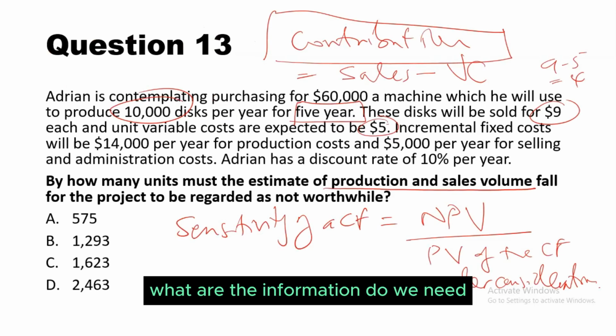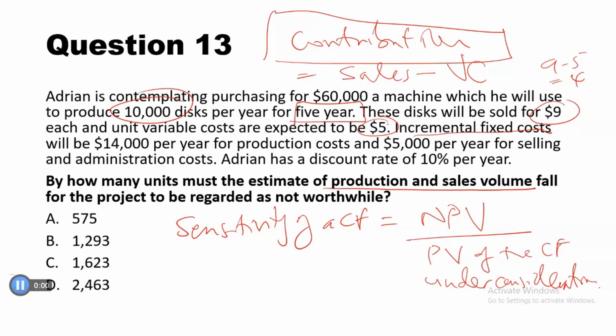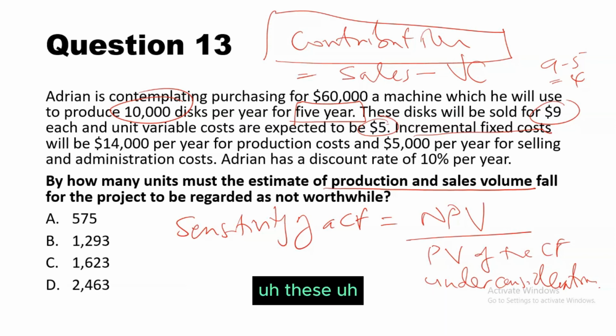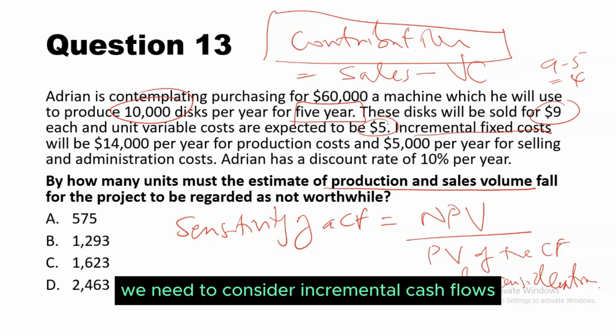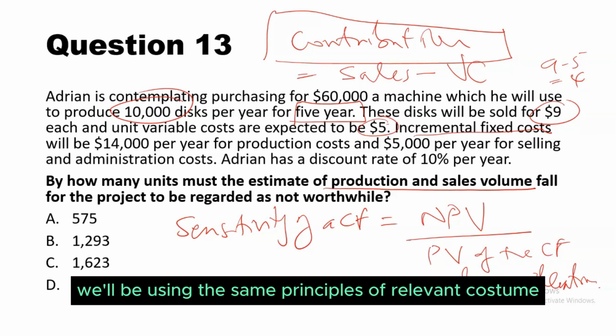What other information do we need? There were incremental fixed costs. Okay, in the computation of this NPV, we need to consider incremental cash flows or variable cash flows. So we'll be using the same principles of relevant costing.